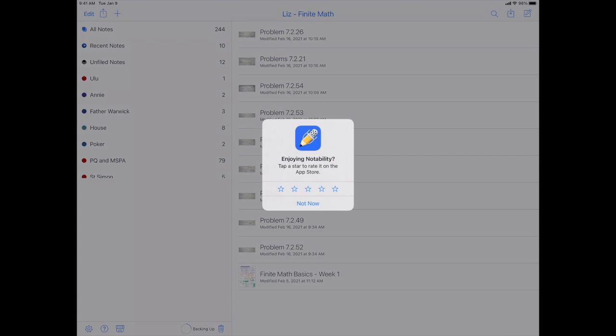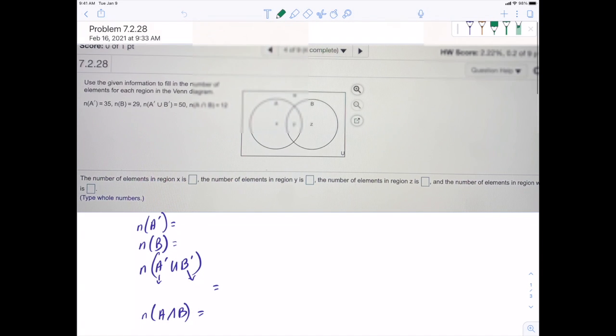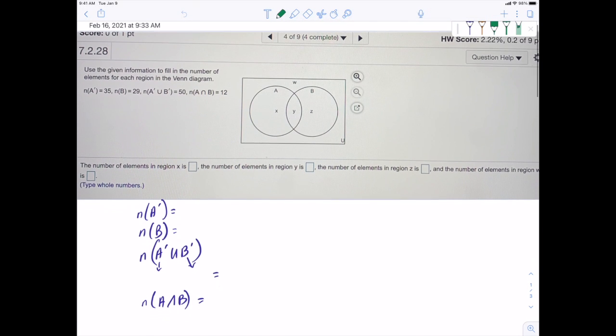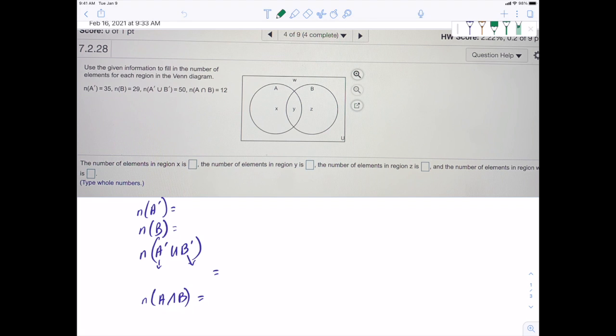Okay, problem 28. This is going to be the same kind of question, right? So this is the same as the last one, a little bit more difficult, but let's just set it up logically, slowly but surely.